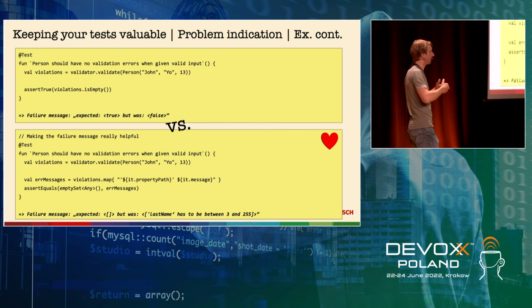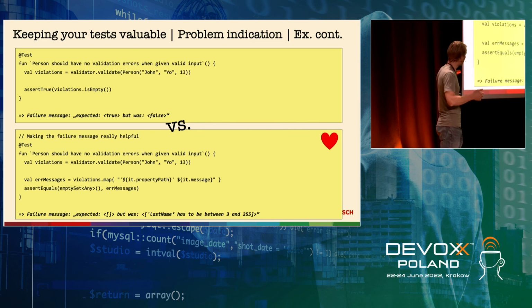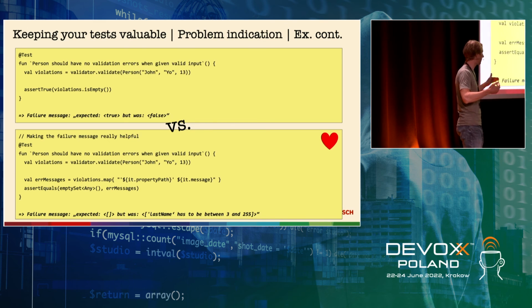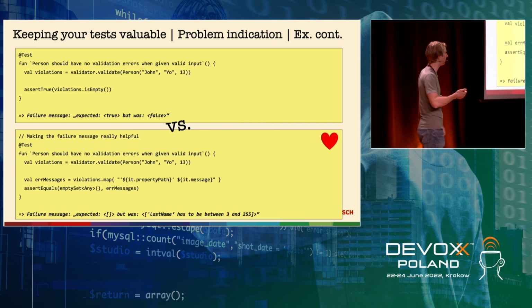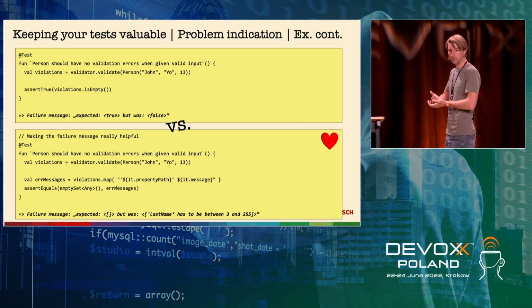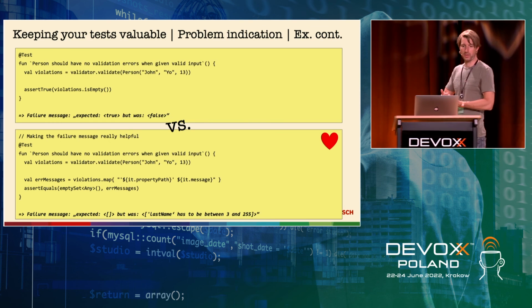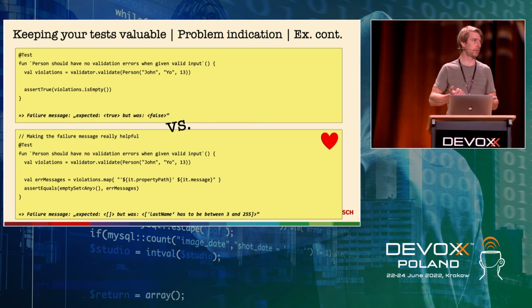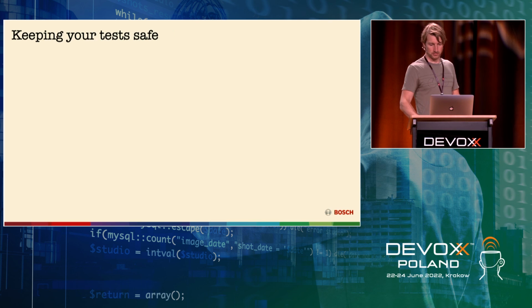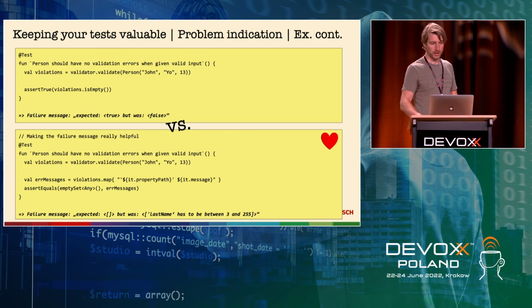But in case there is an error, we now get the validation message right in our failure message. So I know right away, okay, the problem here is the last name property, and the reason why it failed is because it's not between 3 and 255 characters. Yeah, and I really love it if I see these clear messages. That's why I put the heart right there.